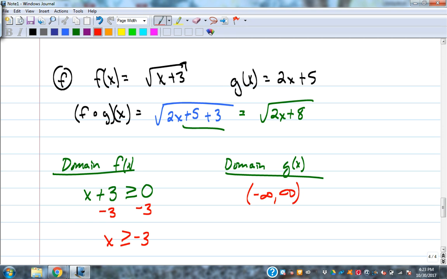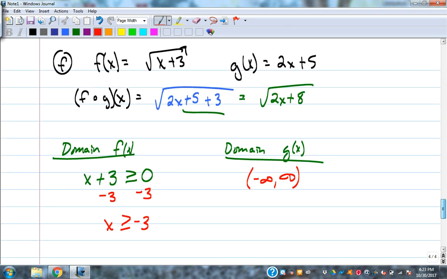Okay. Now, because there are no restrictions on g of x, we don't have quite as much to list, but we do have to worry about the restriction from the first function. So when is the second function fitting that? We've got to make sure that that's happening. So we set up g of x.